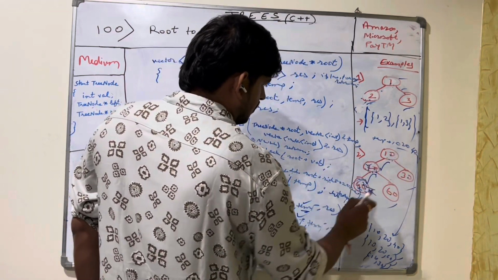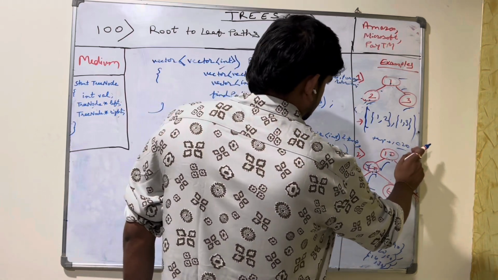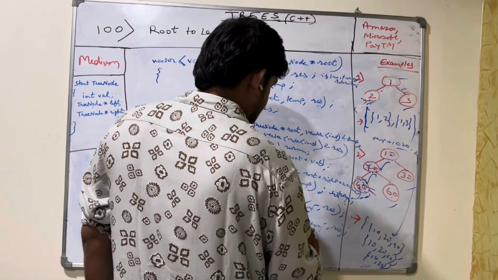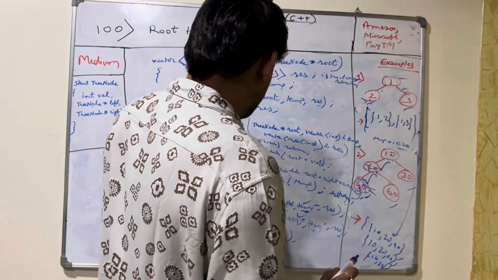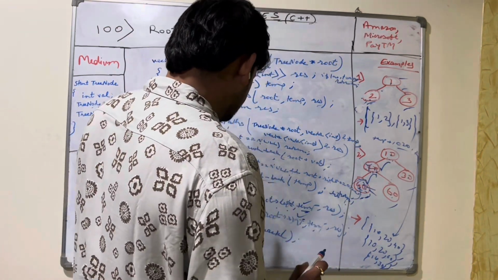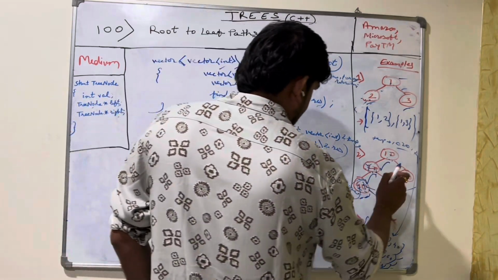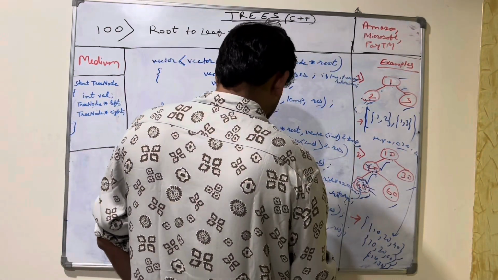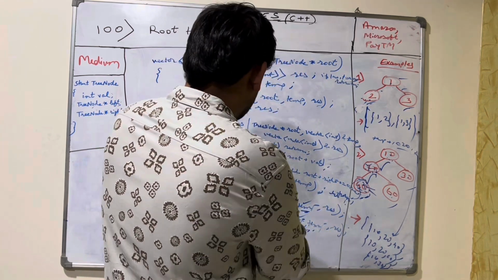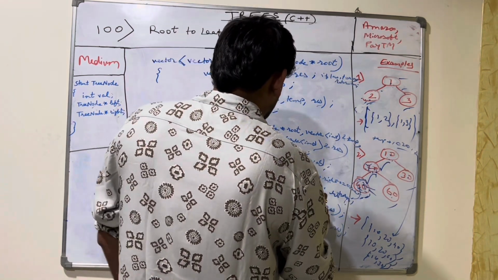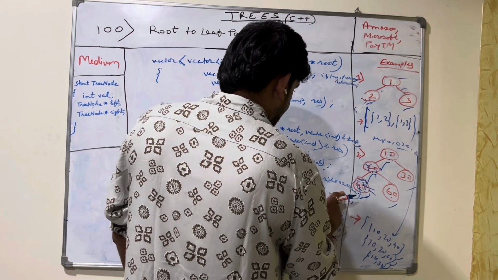It will have 60. So this 40 is done actually, because this is a different temp, but we are passing by reference. So what we have to do here is this should get this 60 here. So once we are calling result.pushback temp 40, then we will not return.